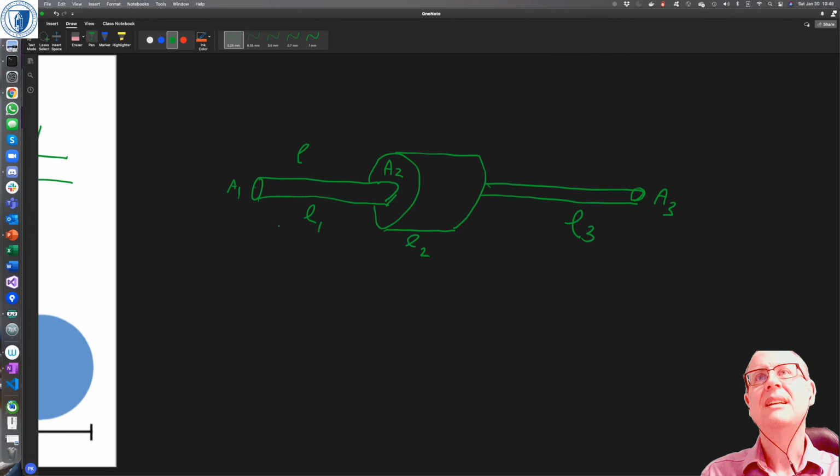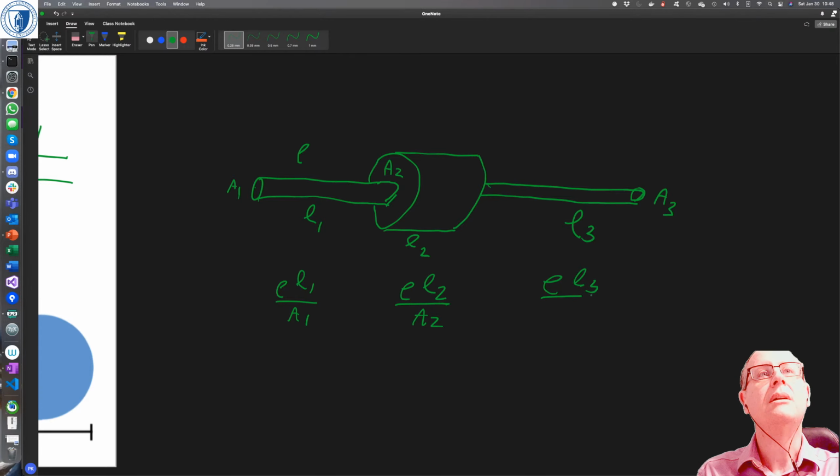So the first section will have rho L1 on A1, sorry, wrong way around. Rho L1 on A1. The middle section will have rho L2 on A2. And the last section will have rho L3 on A3.